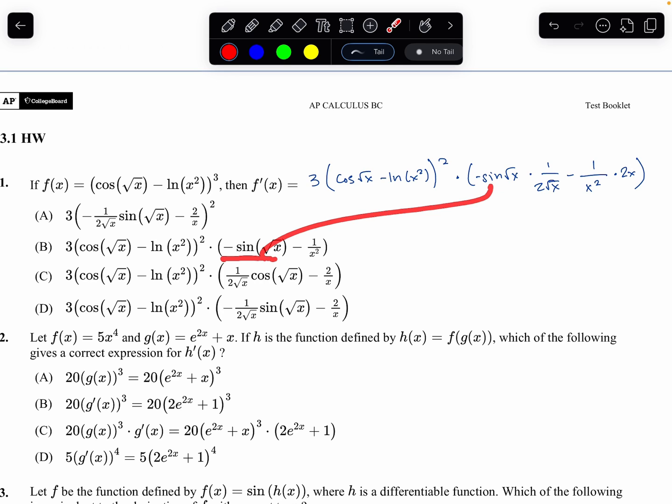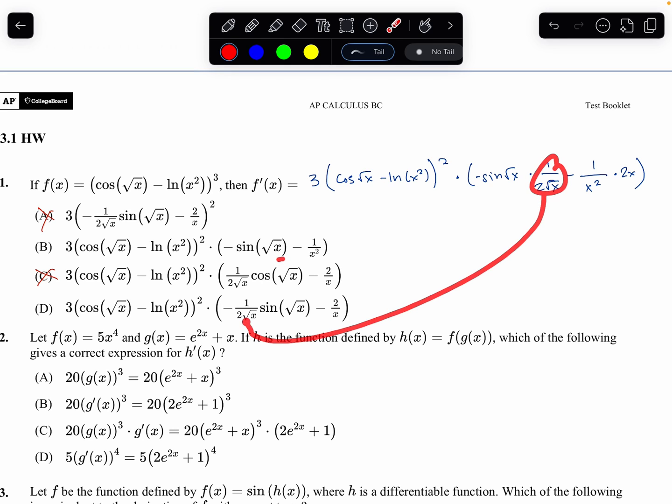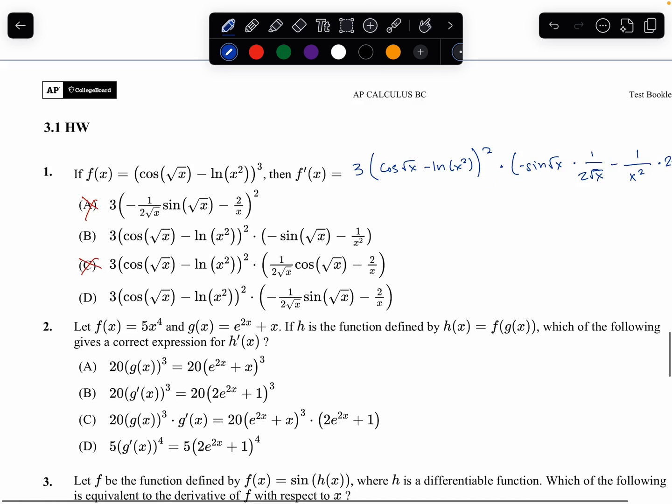So I don't think it's going to be C. So it's not going to be C. I think it's going to be between B and D. But this one doesn't have the chain rule like it does here. So negative 1 over 2 square root of x, and then this simplifies to be 2 over x. So it's got to be D right here.